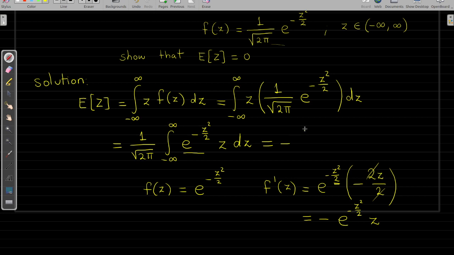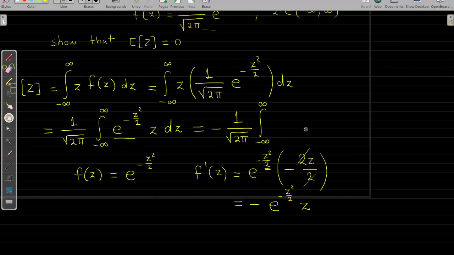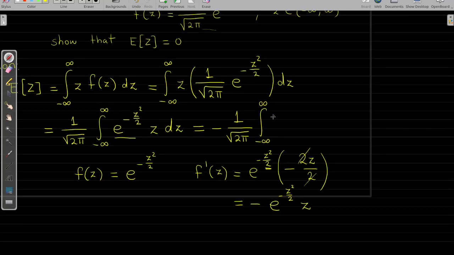So this is minus 1 over the square root of 2 pi integral minus infinity plus infinity of minus exponential of minus z squared over 2 times z dz. So again, here what I just did is to multiply this expression by -1 and then by -1 again. I am not affecting the original quantity by doing that. Cool.